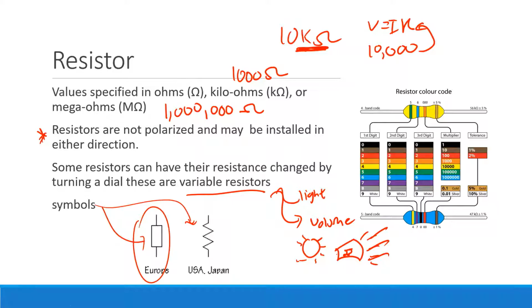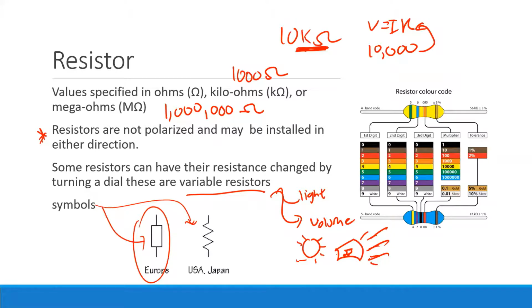But it seems to have shown up in a couple of different textbooks, including your textbook. So I'm going to briefly explain how it works. You have these colored bands, and those colored bands tell you the resistance of the resistor.